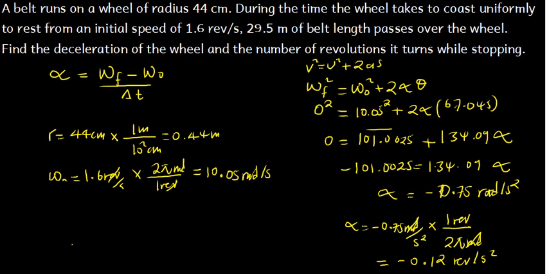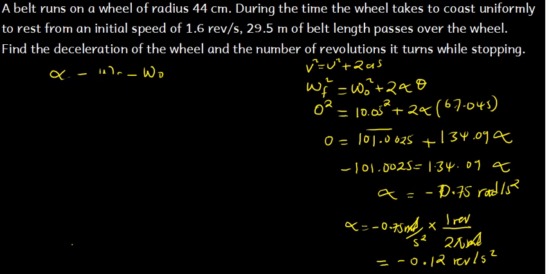Now the other part of this question is to find the number of revolutions it turns while stopping. We already determined this very distance, that is the number of revolutions that it is going to turn while stopping. We said theta is equal to linear distance divided by the radius.